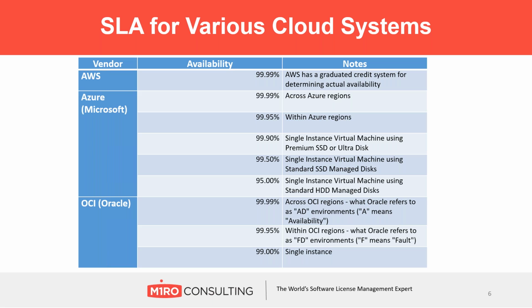Okay. Next topic. What we wanted to do with this is just show the different SLAs available for the different platforms. The reason we want to show this is because we do still run into people who sometimes get confused in regards to, okay, it's a cloud system, so I don't have to worry about disaster recovery because the cloud vendor is taking care of that and so forth.